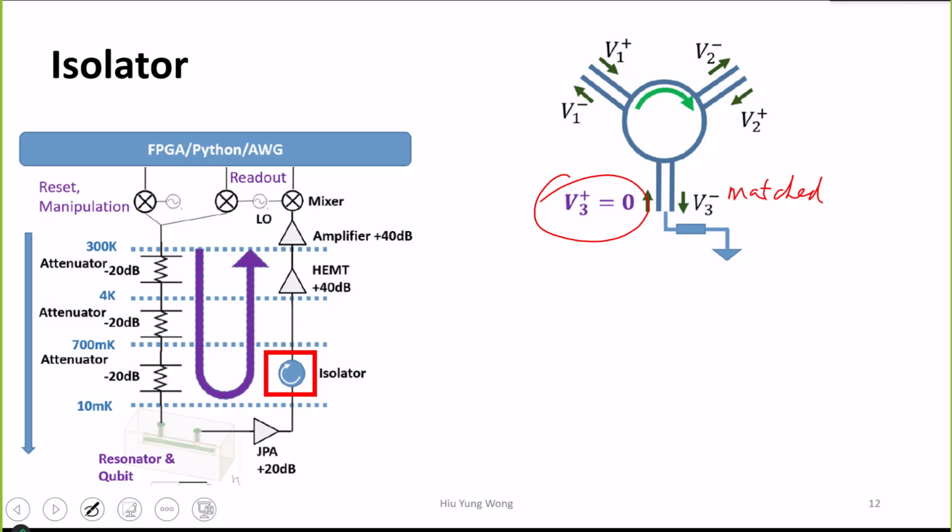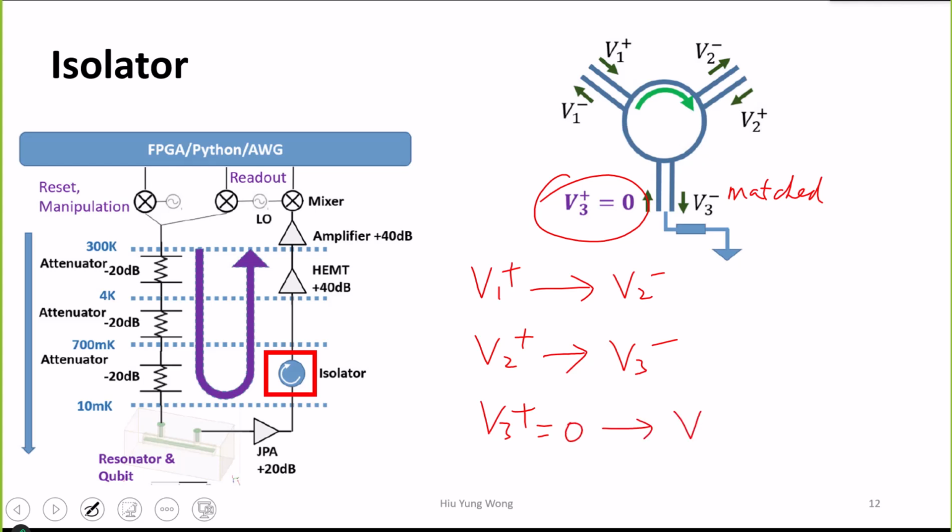Then in this case, what will happen? Any V1 plus will go to V2 minus, right, as a circulator. What will happen to V2 plus, any from 1 V2? You will go to V3 minus, right? But there's no V3 plus. So V1 minus will be 0.